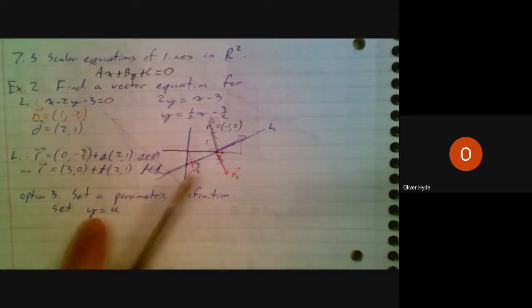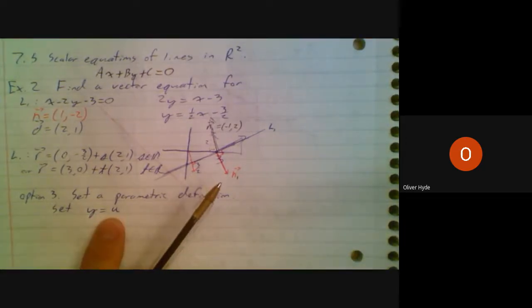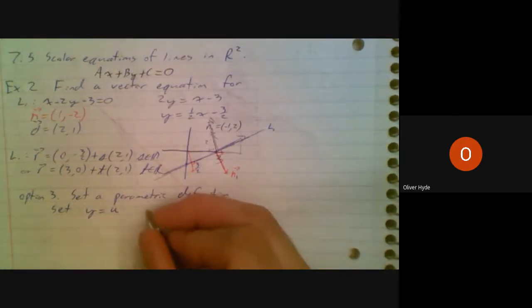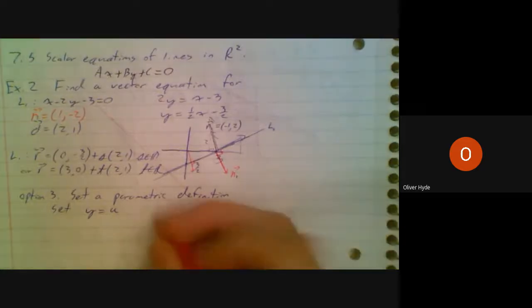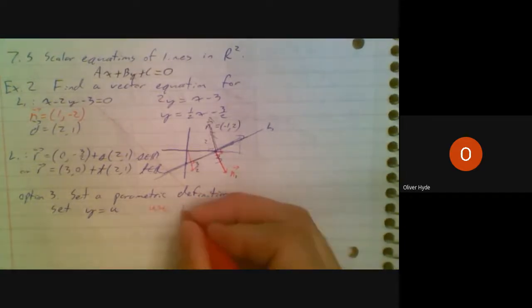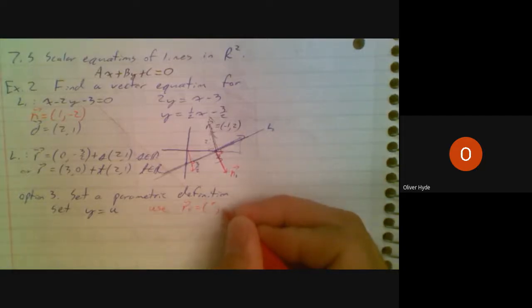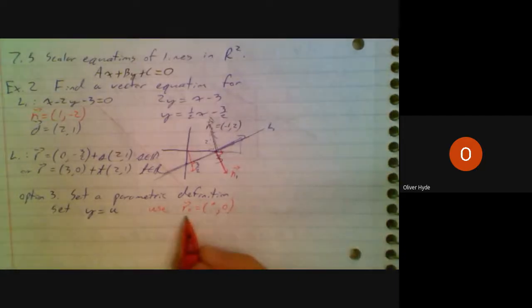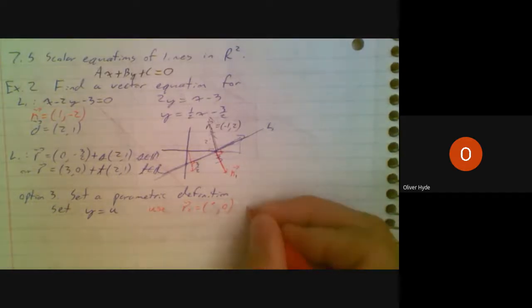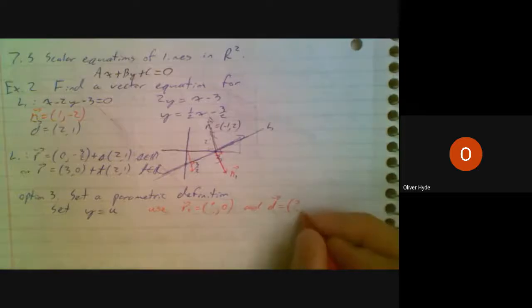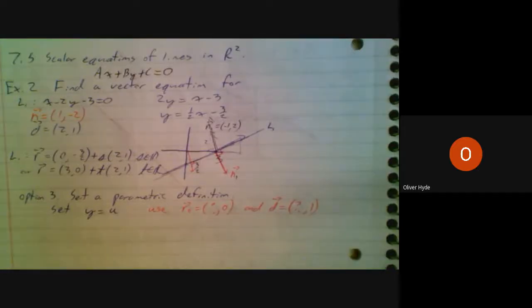What I'm doing here, it might seem like I'm taking an awful lot of liberty, but what I'm doing is actually saying that I want to use something, comma, 0 as my R0, and something else, I guess, just another question mark with the subscript 1, comma 1 as my direction vector.